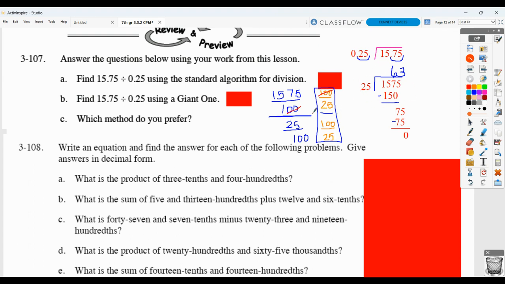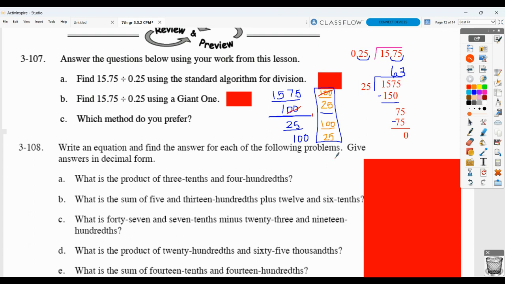Again, why is that the case? Well, the 100 simplifying means you're just going to have 1,575 here. 25 will be the denominator here. And then this is going to give you 1. So 1,575 over 25 is the same as 1,575 divided by 25.